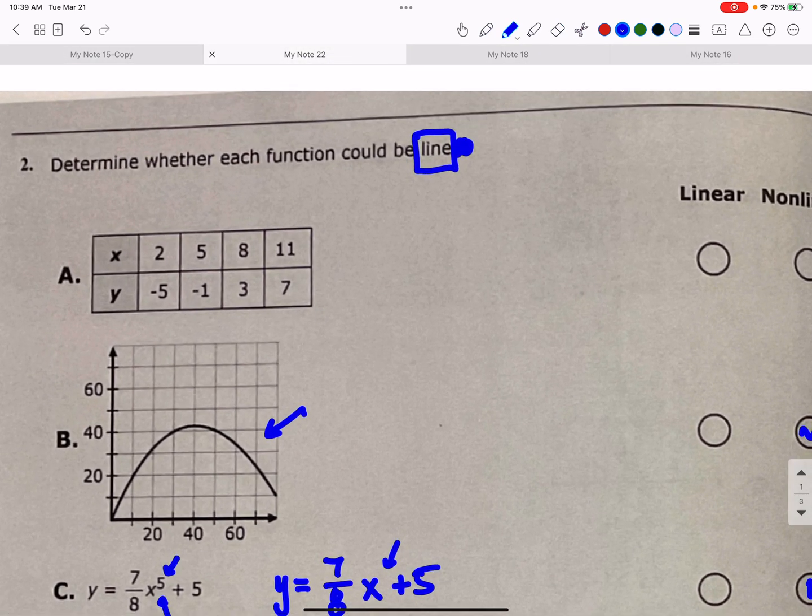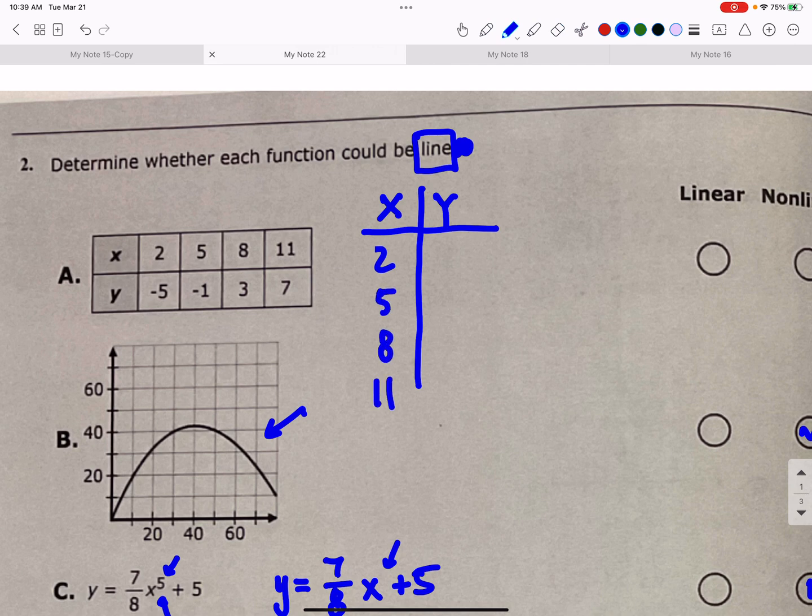All right, but we have talked about how to get, normally we write them like this, the x and the y. So we have the 2, 5, 8, 11, and -5, -1, 3, 7. Okay, a straight line always stays straight.